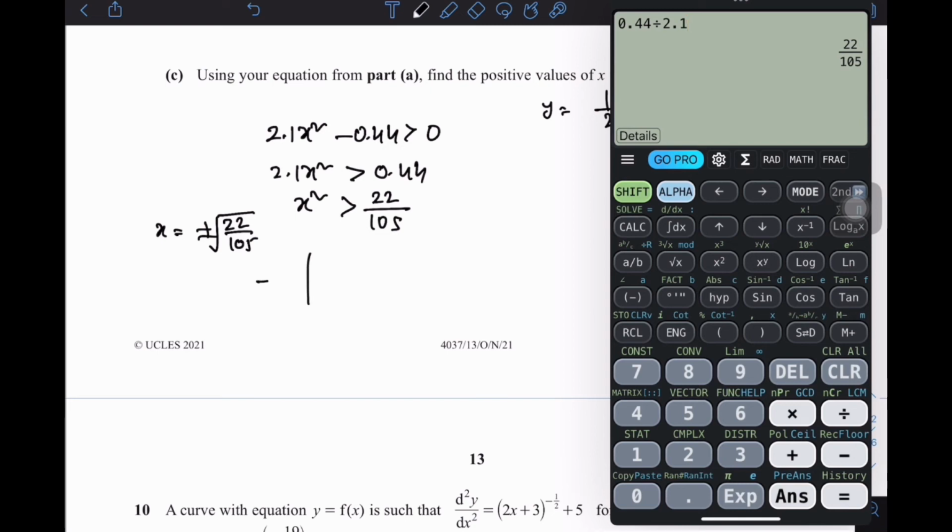So we can draw a quadratic graph, minus, plus.